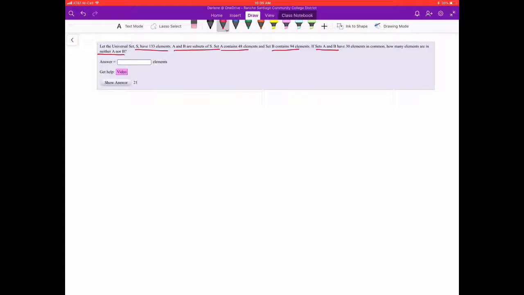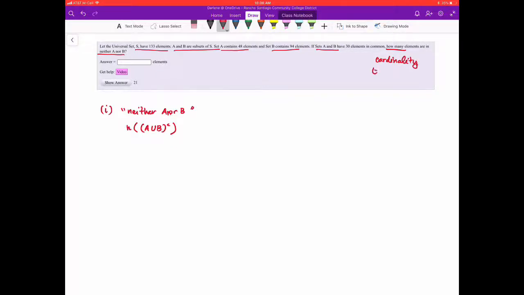So the first thing we need to talk about is what we're trying to find. We're trying to find the cardinality in neither A nor B. So neither A or B means that we are looking for the number of elements not in the union of A and B, meaning the complement of A union B. Again, we're looking for the number of elements because it says how many, and this is cardinality.